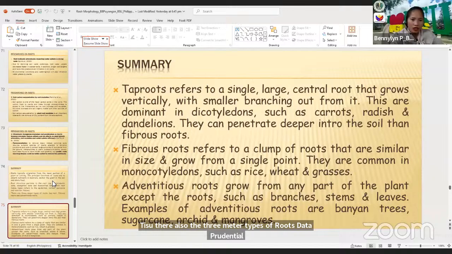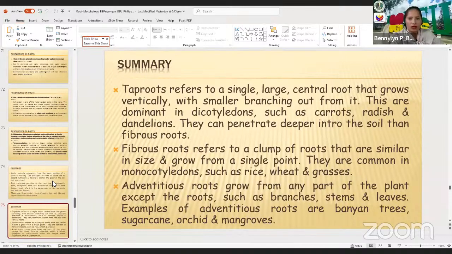For its distinction, taproots refer to the single large central root that grows vertically with smaller roots branching out from it. These are dominant in dicots, such as carrots, radish, and dandelions. They can penetrate deeper into the soil than the fibrous roots. For the fibrous roots, it refers to the clump of roots that are similar in size and grow from a single point.